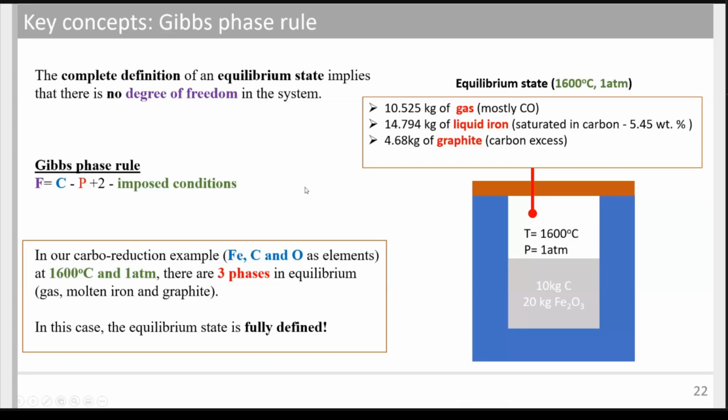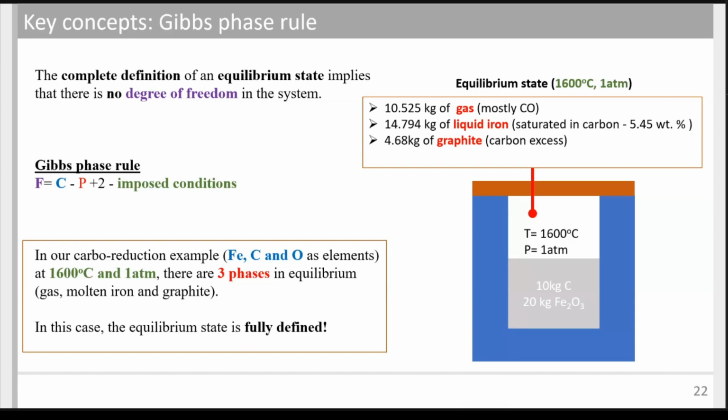So what happens, for example, if we have fewer phases in equilibrium? FactSage will impose for you some value to the gas or the chemical potential, for example, to be able to restrain the number of degrees of freedom and quantify the equilibrium state.